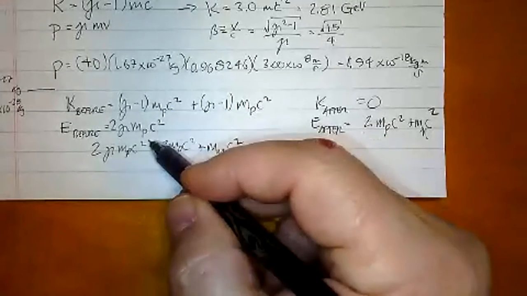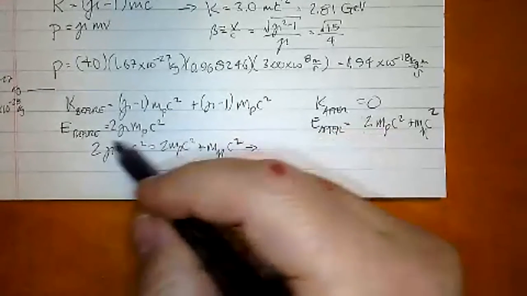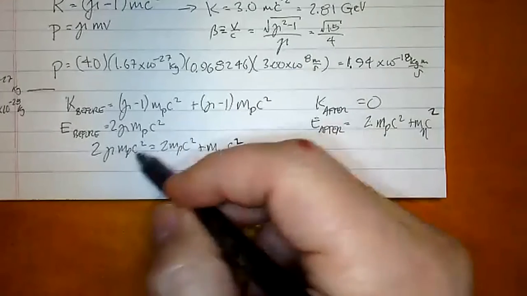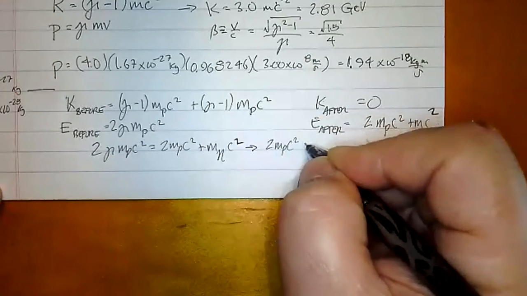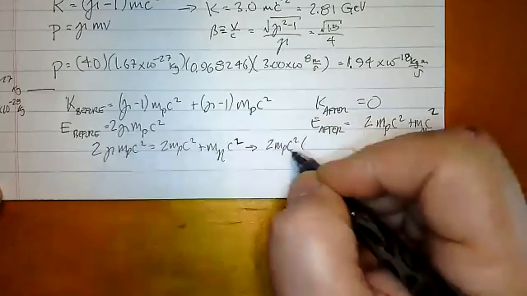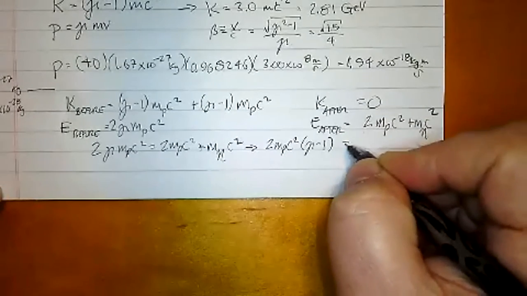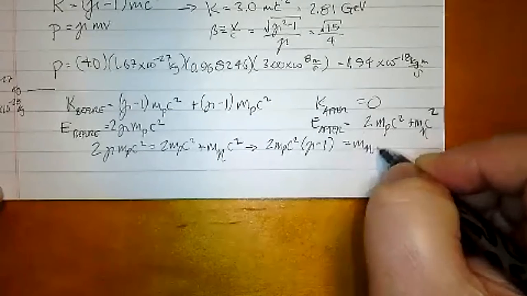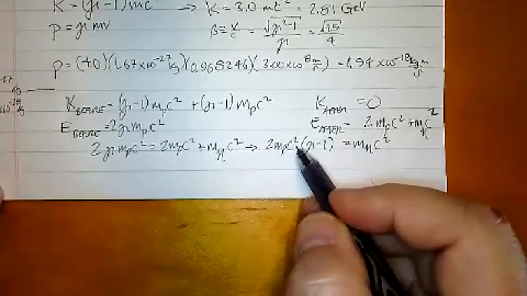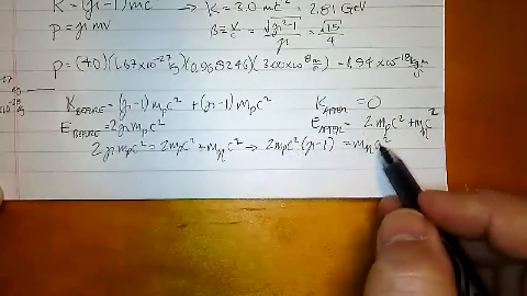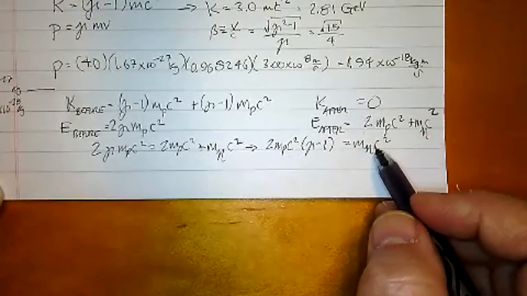If I pull this over to this side, you see that you got a factor of 2 m_p c squared common to both terms. So I'll say 2 m_p c squared times gamma minus 1. And then all I have left on this side is m_eta c squared. So that's what I was telling you. All the kinetic energy of the protons went into creating the rest energy of the eta particle.